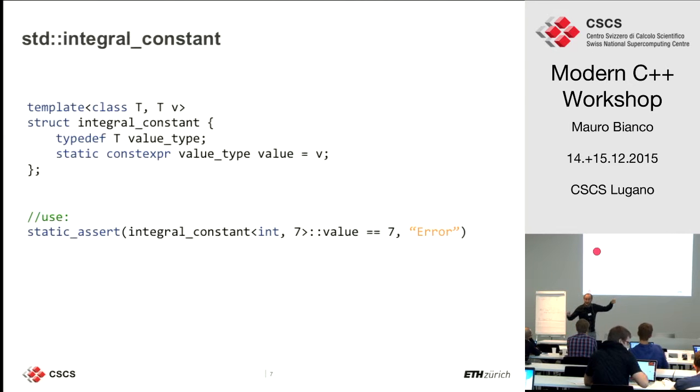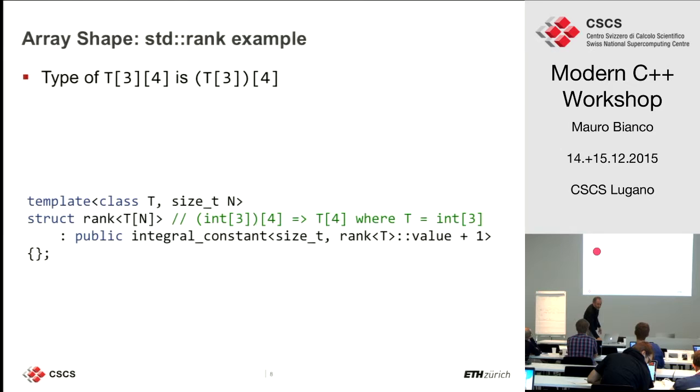It's just the number 7 at compile time. I need it just for the example. So when you do this, you have a type of an array of 3 elements of arrays of 4 elements. This is actually a T, an array of 3, T[3][4].